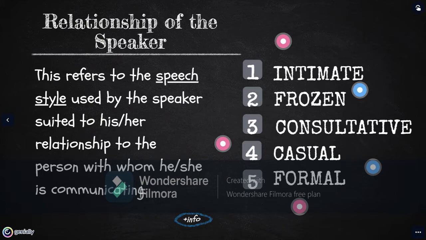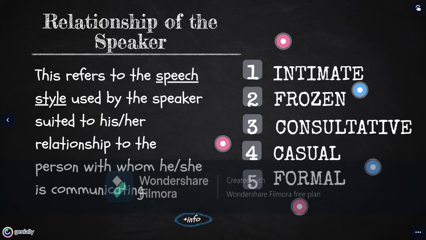The second style is frozen. The speaker addresses an audience in formal gatherings such as ceremonial events, Eucharistic celebrations, or even court hearings. In this type of speech style, audience feedback is not required. The next is the consultative style.